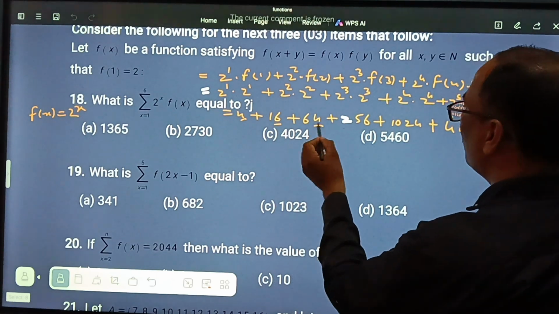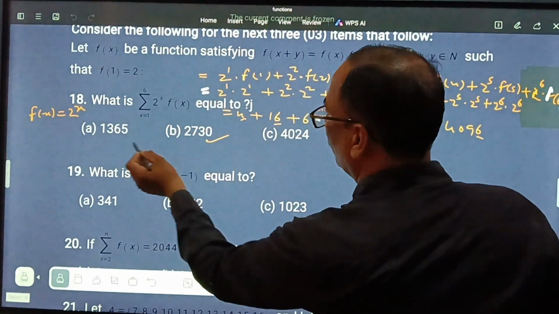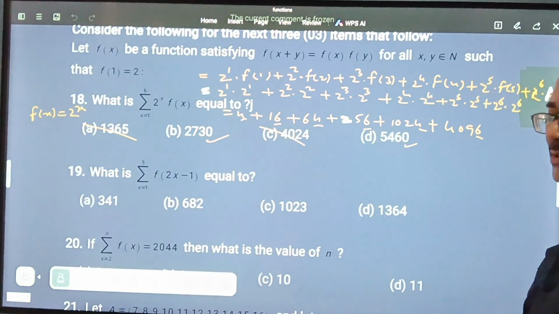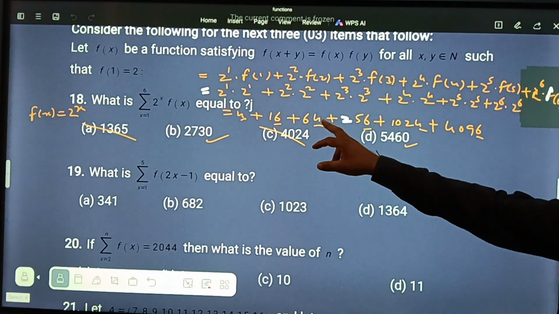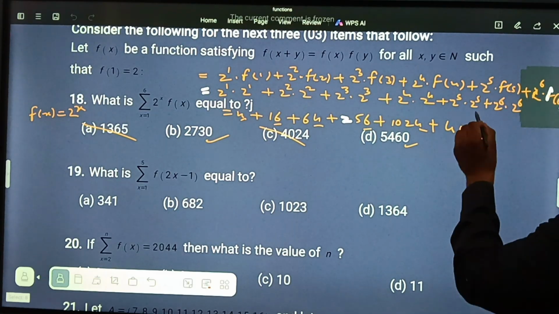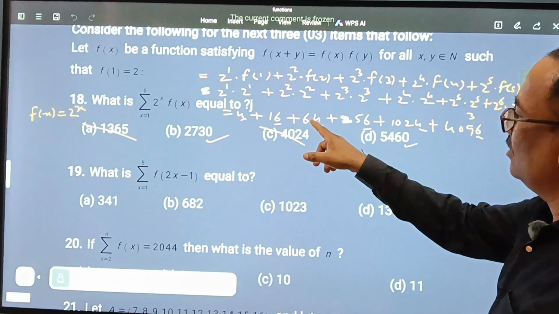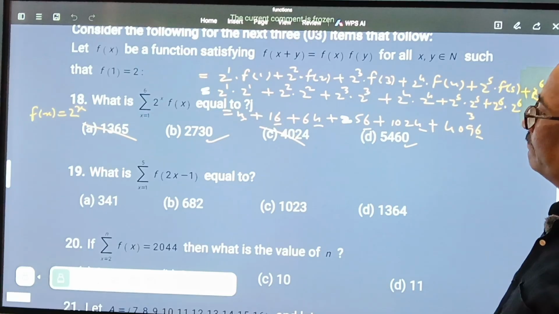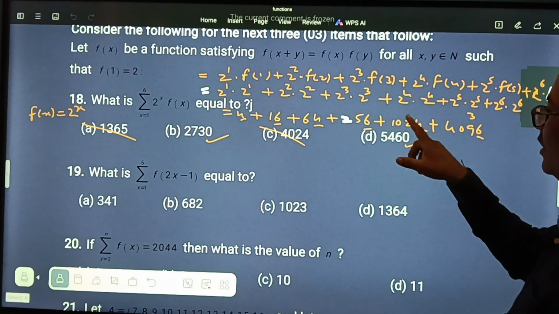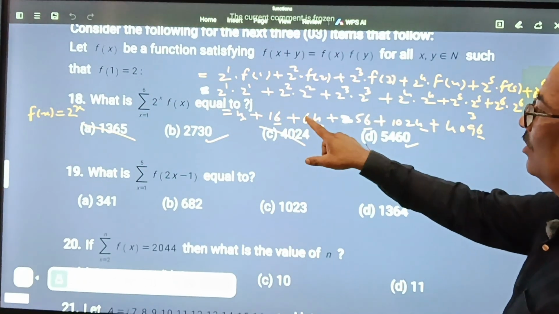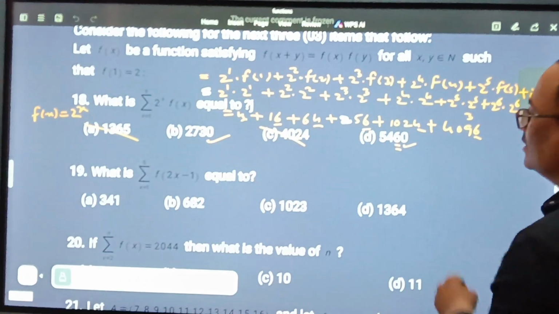This is 10, 20, 30, that is unit digit is 0. Unit digit is 0, so not these two answers. And definitely this is 10, 20, 30, that is carry 3, 12, 14, 17, 18, 24, 12, 14, 19, 20, 26, that is unit digit is 0 and tens digit is 6.